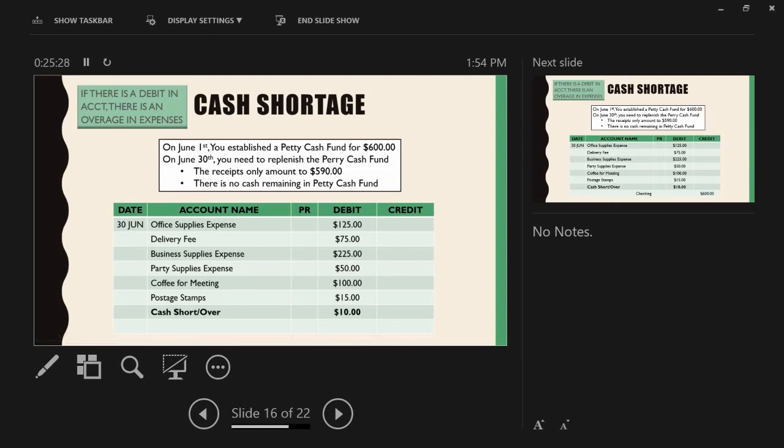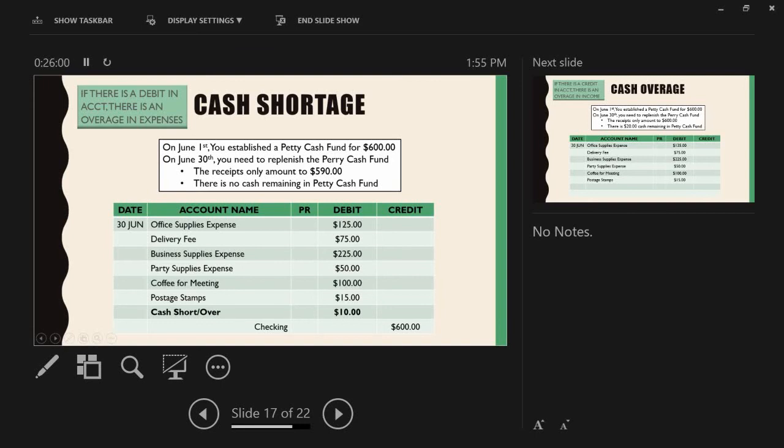And then I would write a check for the total of 600, okay? Because at the end of the day, your petty cash fund should always be 600. Always, okay? So in this case, I calculated all my receipts and found that it was a total of 590 and there was no extra cash, meaning I am short. So it is 590 when I'm supposed to have 600.